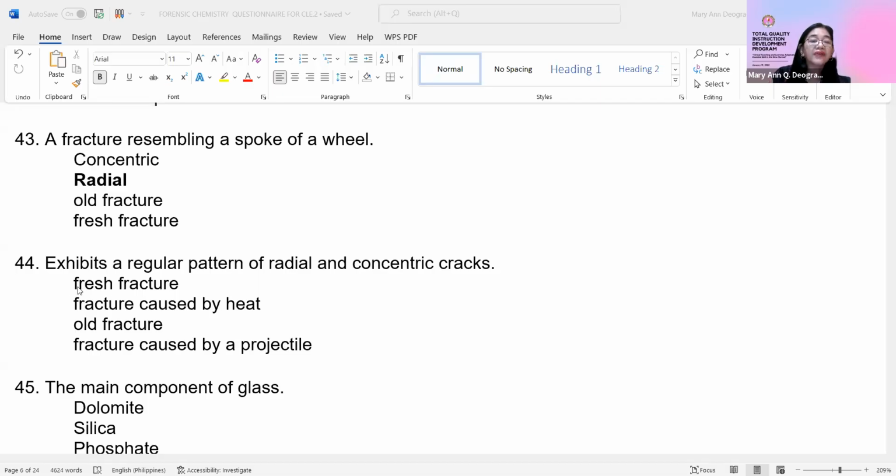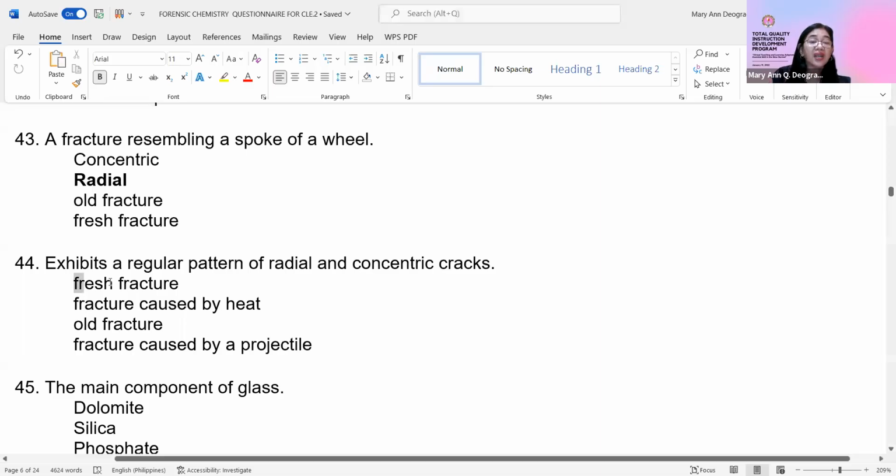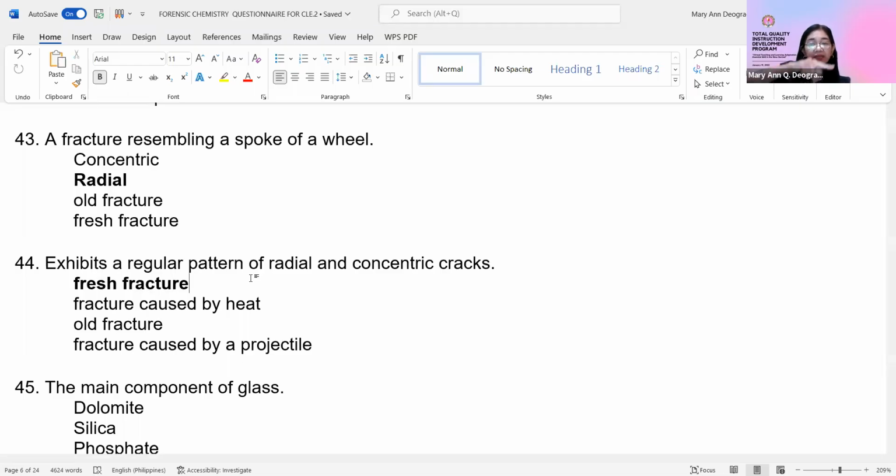A fresh fracture is regular. An old fracture shows fine lines or extension lines on the radial fracture. The fracture runs straight but with branches. When there are such branches on the radial fractures, that means those fractures are already old. The radial cracks are the lengthwise ones.